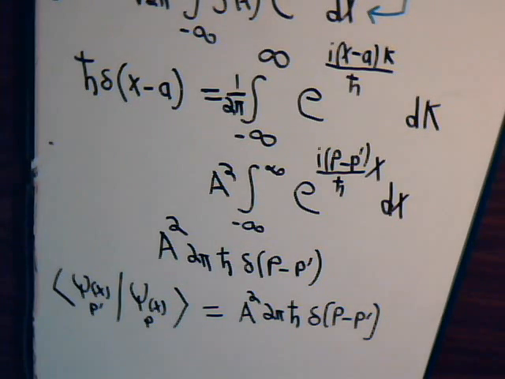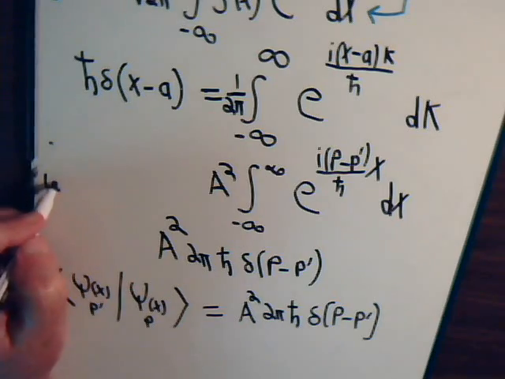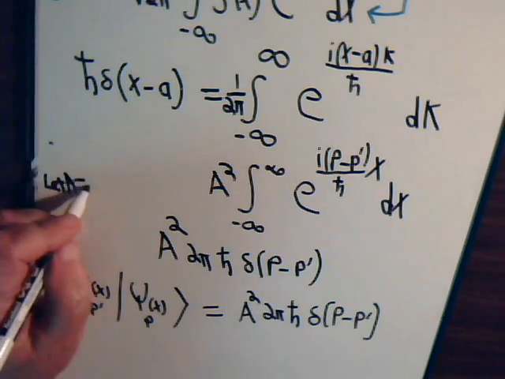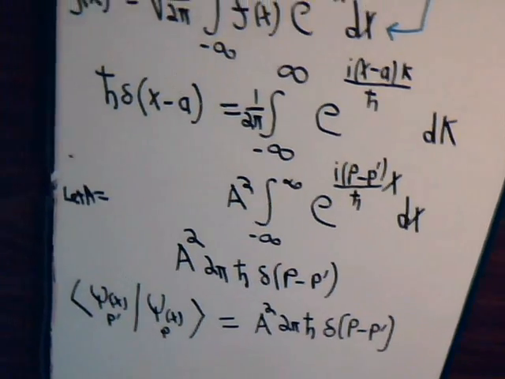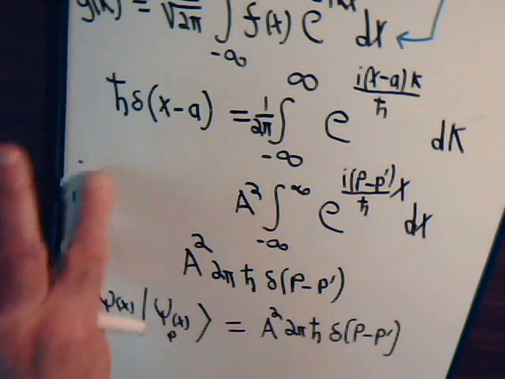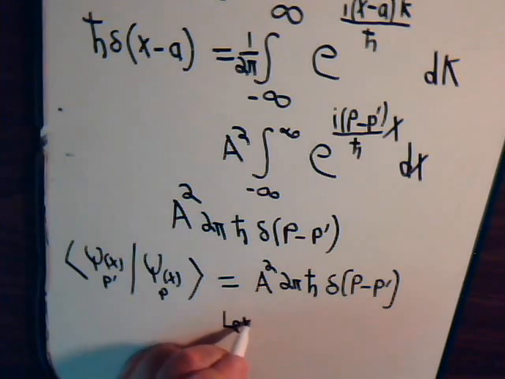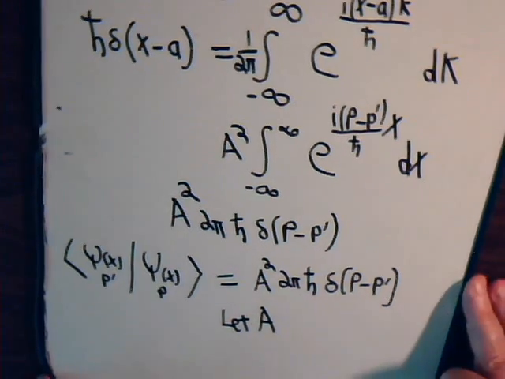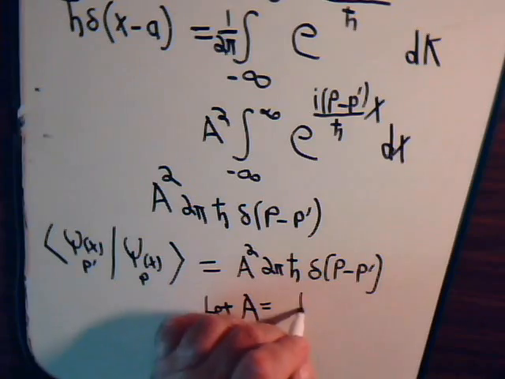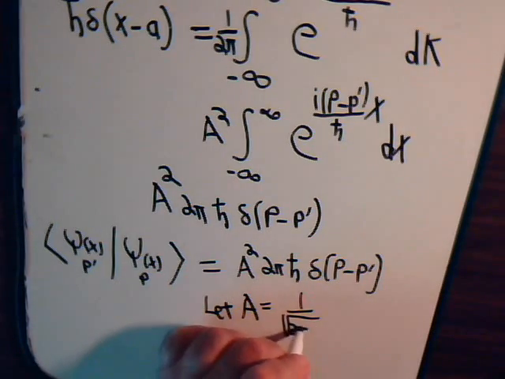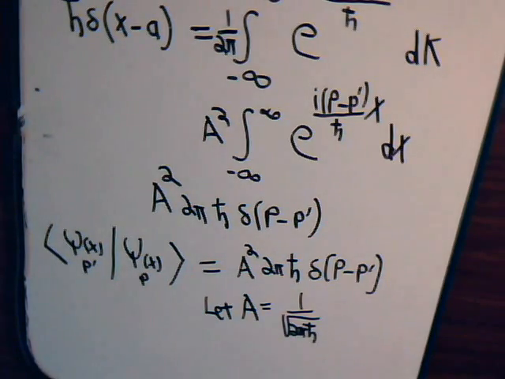Now remember what a was. That came from an arbitrary constant of integration, so we can let it be anything we want. So we'll write it down here: let a equal 1 over the square root of 2 pi h bar. Then these just cancel.